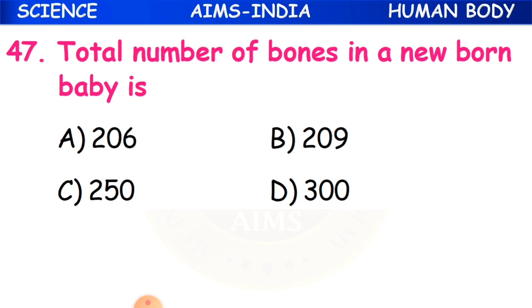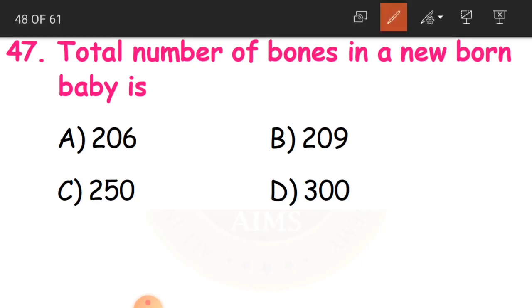Now we'll go with the 47th question. Total number of bones in a newborn baby is 206, 209, 250 or 300. And the answer is 300.